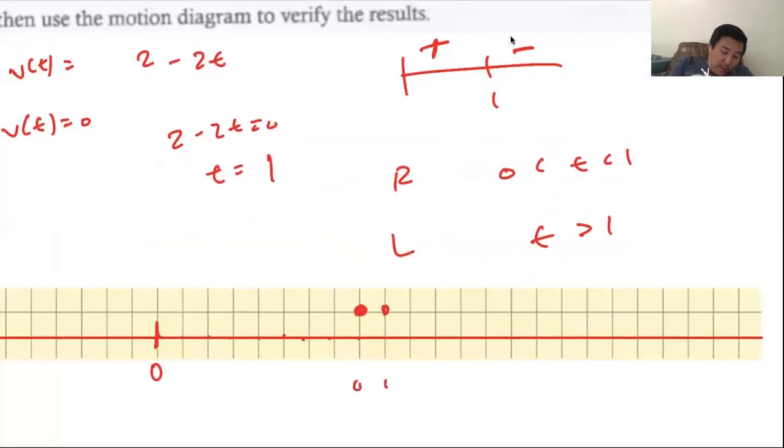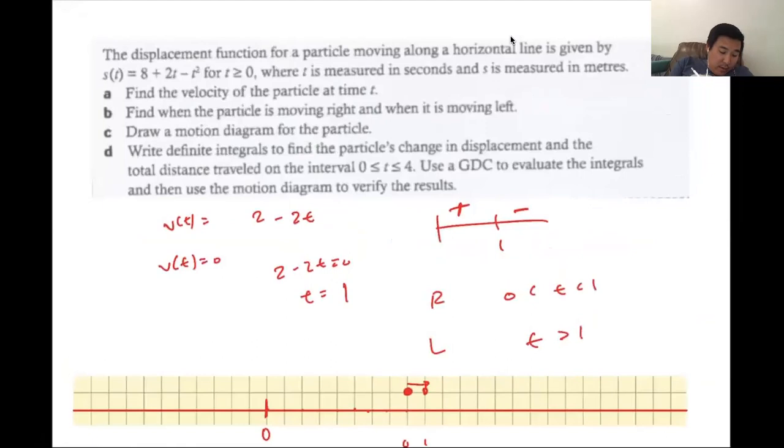Then plug in 2, 8, 12. Plug in 3, 8, 6, 14, that times 5.